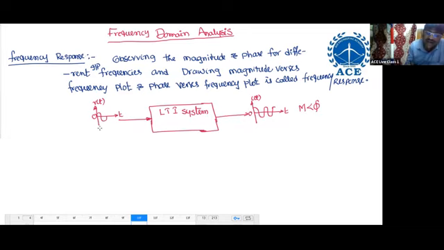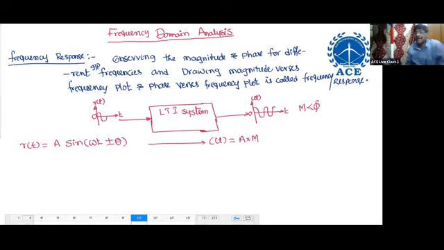If we consider the standard form of the input, r(t) equals A sine(omega t plus or minus theta), then for the output, the magnitude should be multiplied. Why? Because input and output are the same sine wave, the difference is magnitude. So magnitude should be multiplied and phase should be added.